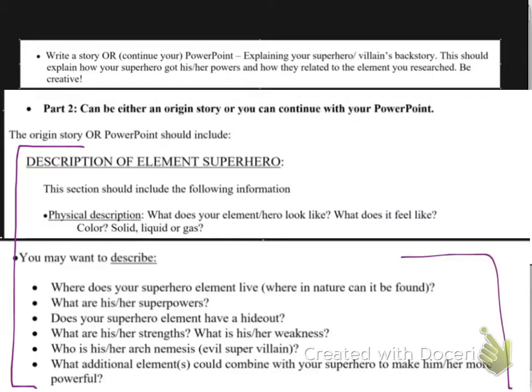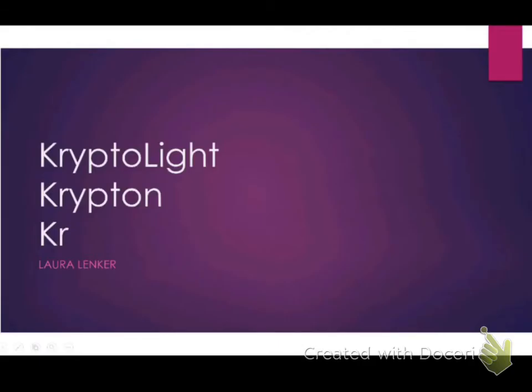All right, so what does that look like? So remember, I told you I did Krypton, so you cannot do Krypton, okay? And you'll pick your element and do your research page, and then this would be your first slide. This would be your character's name.